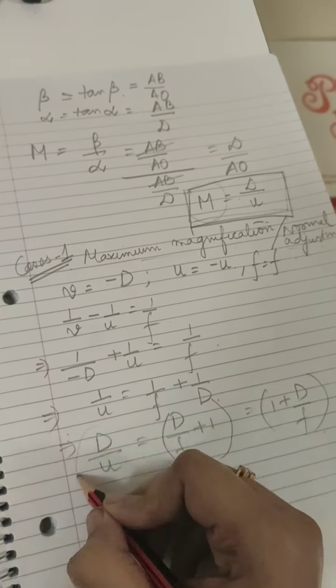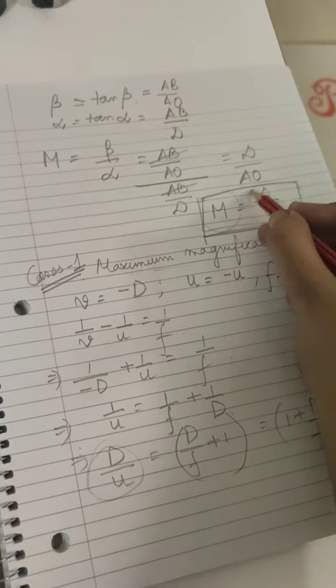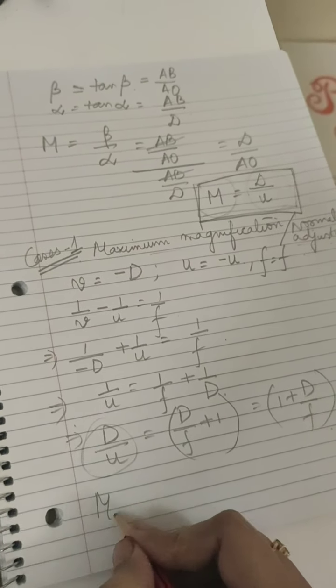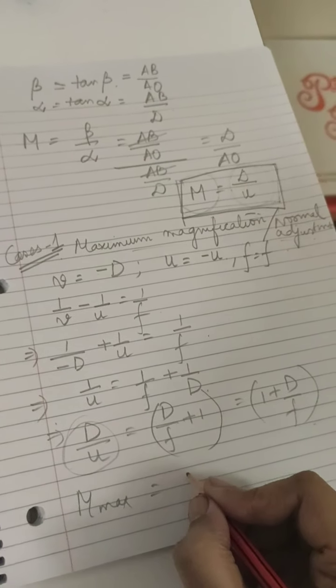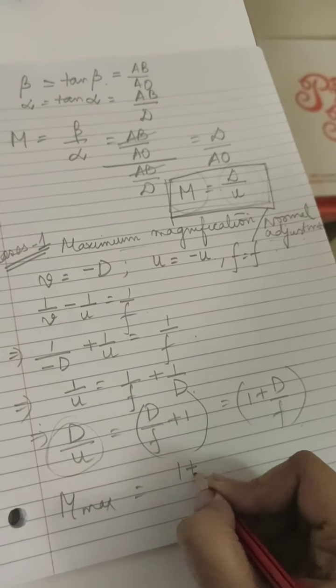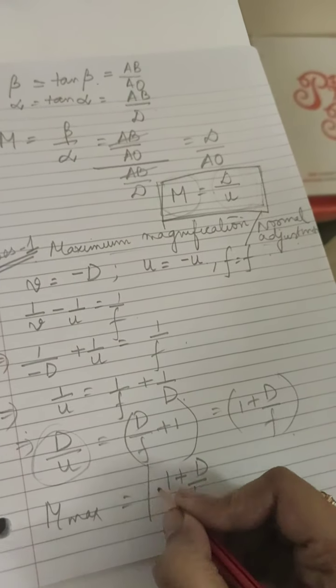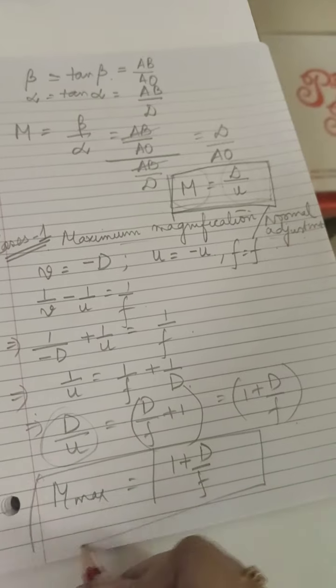So in the place of d by u, I am putting, for maximum magnification, 1 plus d by f. This is the formula for maximum magnification.